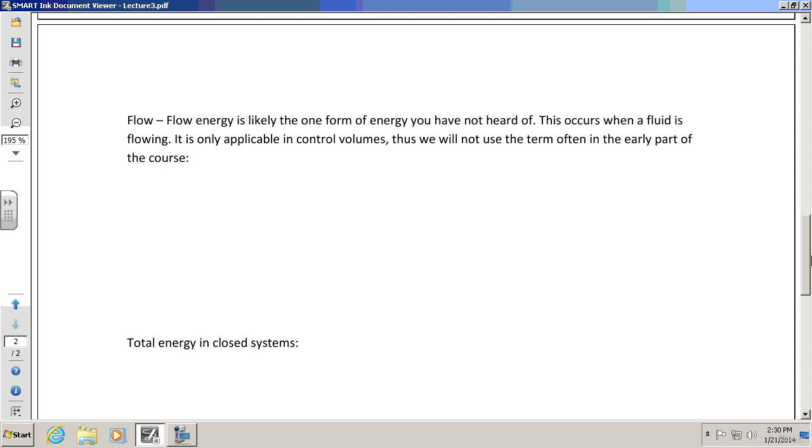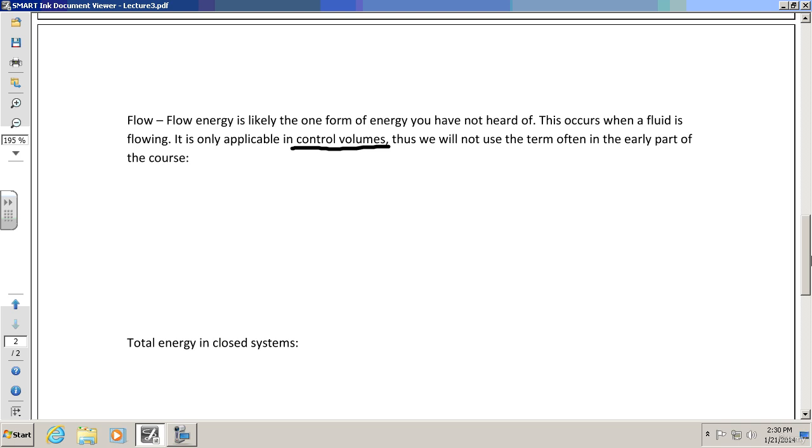Basically, again, just underline control volumes. It occurs when the fluid is flowing. It's only applicable in control volumes. What it accounts for is that flow at high pressure has more energy than the same flow at lower pressure. That's all.